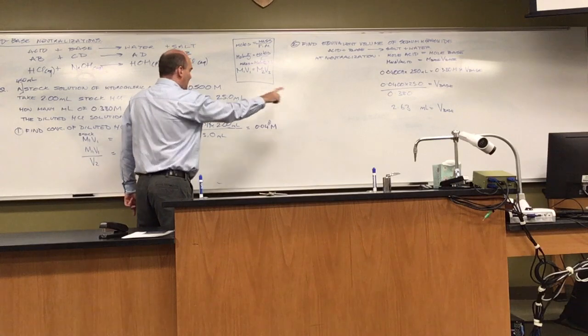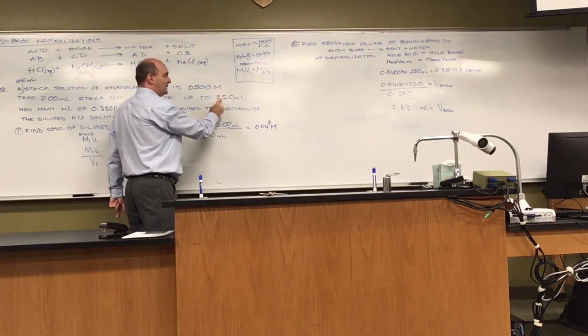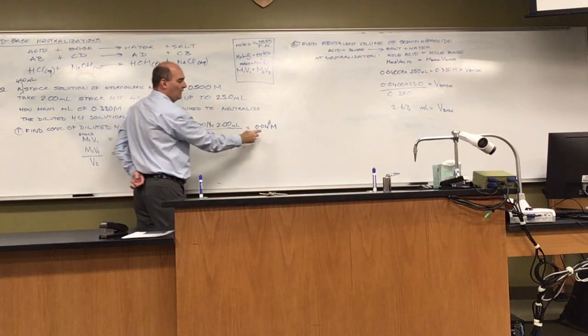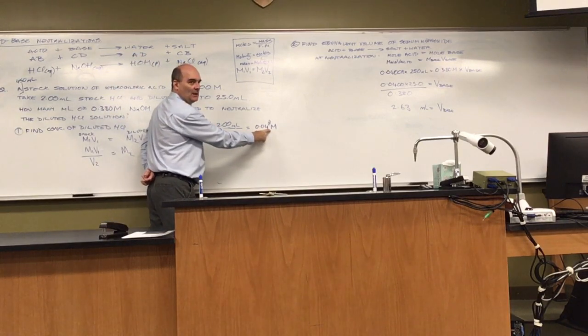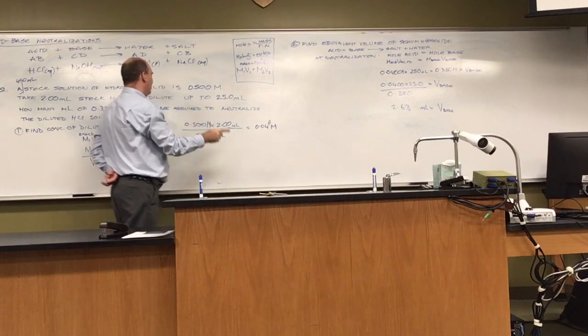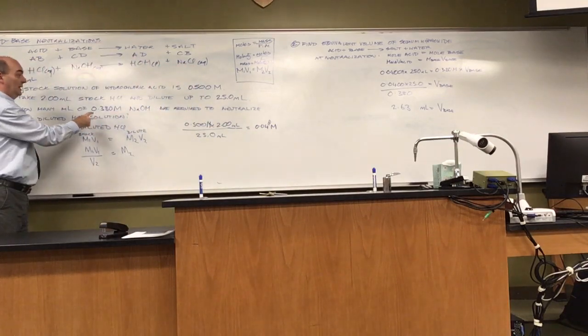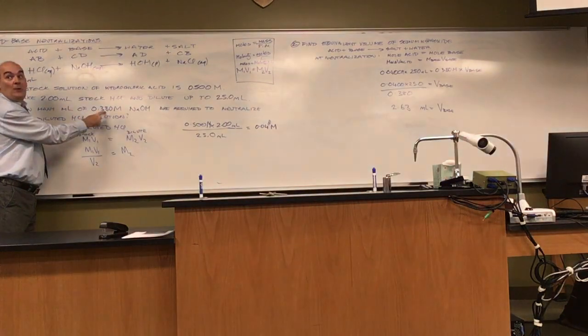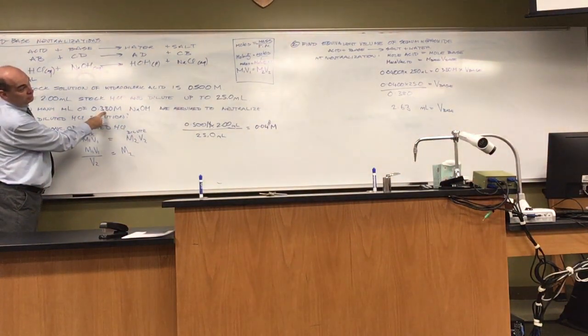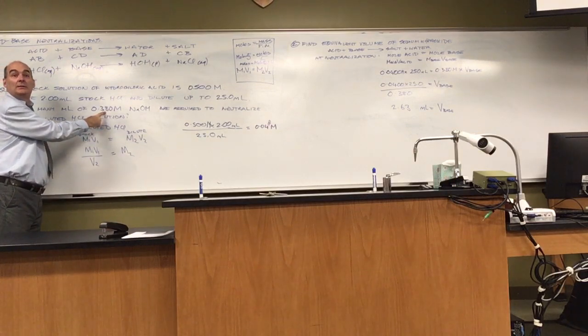Because that volume is different to this volume, just look at the numbers in the question. The molarity of my acid is 0.04, and the molarity of my base is 0.4. Okay, I can live with that.